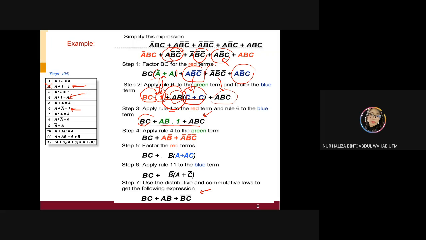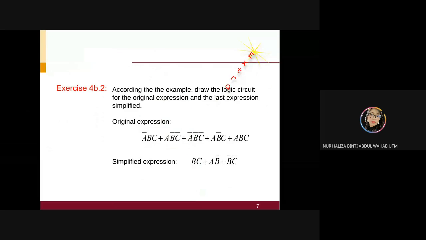Use it. I think, let me check. Oh, cannot. So that's why I mentioned you need to try many exercises. Then you know how to apply. Please try to do so.